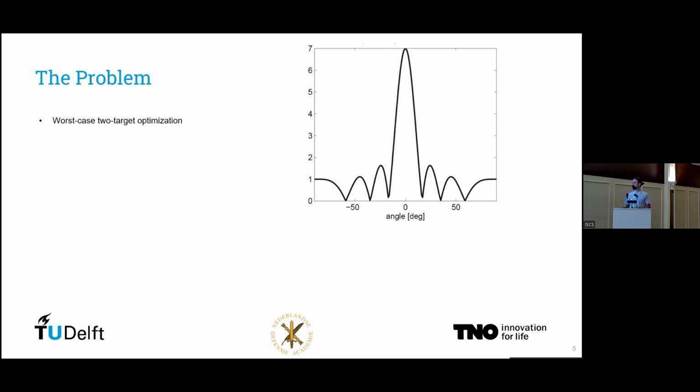So that's why we wanted to look at worst case two-target optimization, because in general, the problem that we want to be looking at is we don't know the number of targets. We don't know where they are, but we want to have something that is at least not immediately going to fall apart if the number of targets or the positions changes.